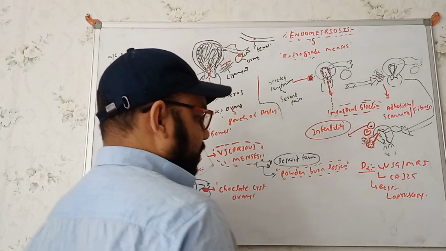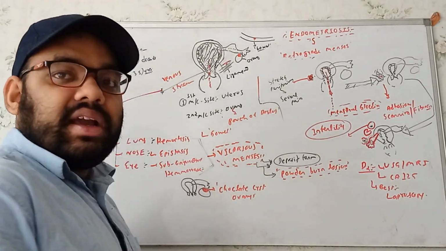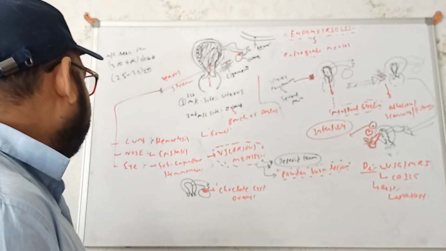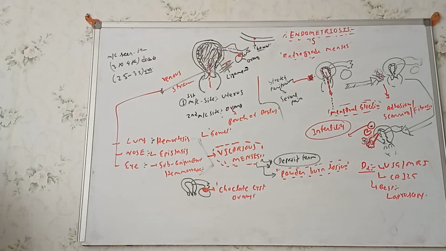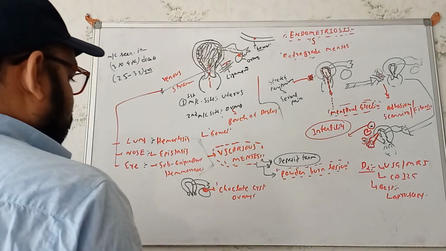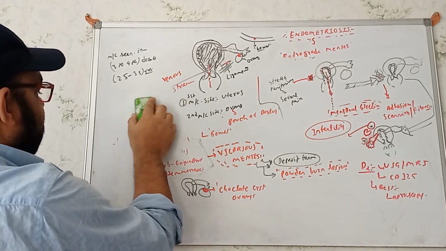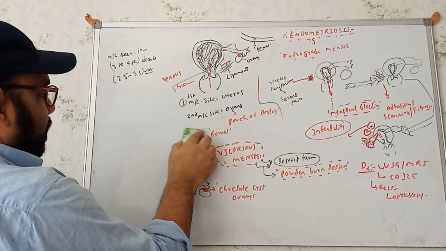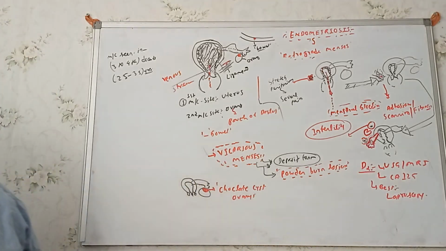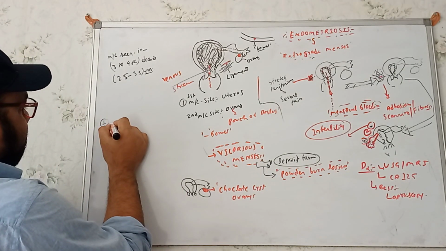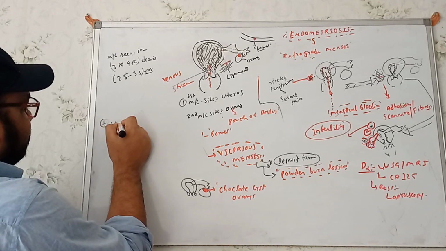Now let's talk about the clinical manifestations. What type of clinical features will we see in this condition? In terms of the clinical manifestations, the first thing we will see is pain, the chronic pain.